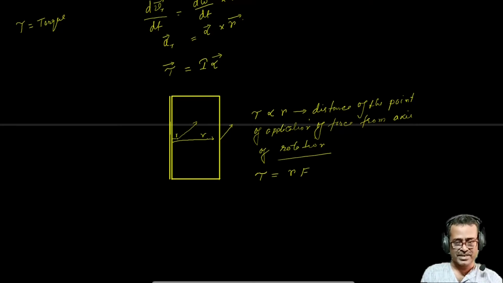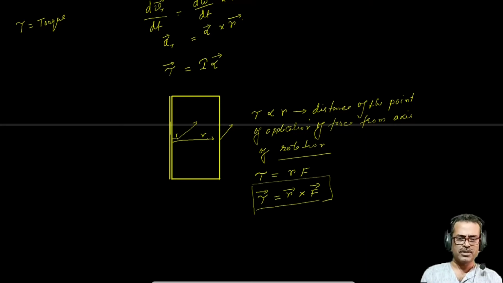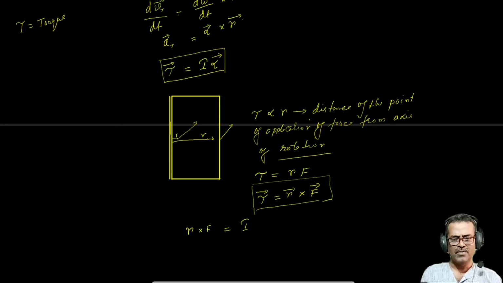Now torque is a vector quantity, R is a vector quantity, F is also a vector quantity. The relation among these: tau is equal to R cross F. Now if you substitute, tau is equal to R into F is equal to I alpha.